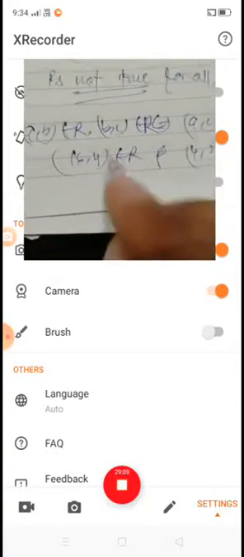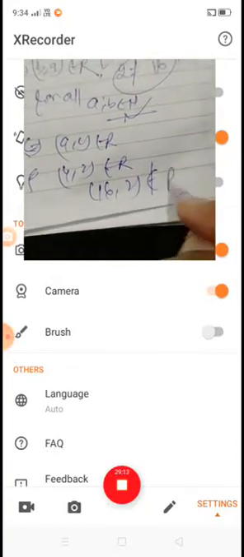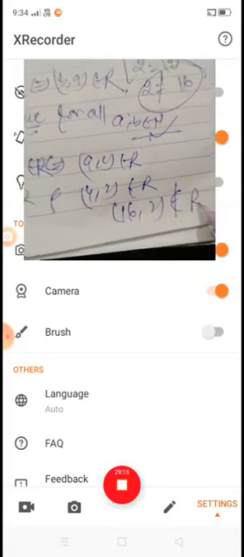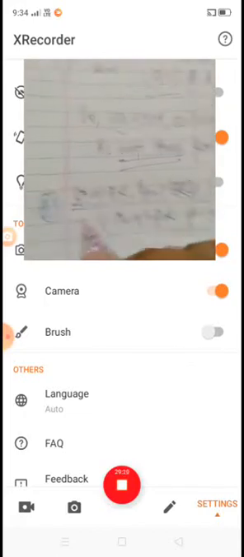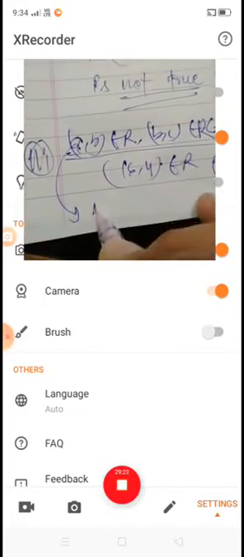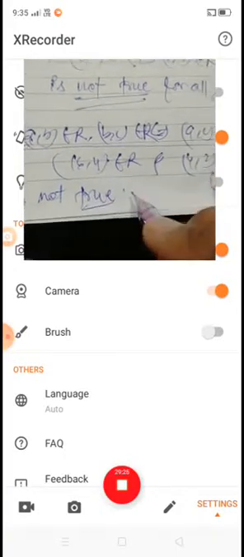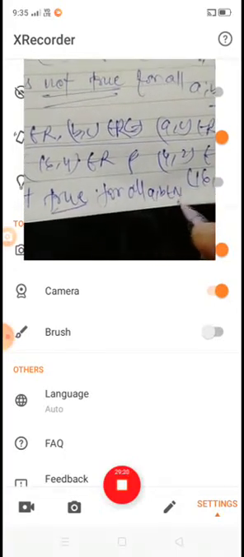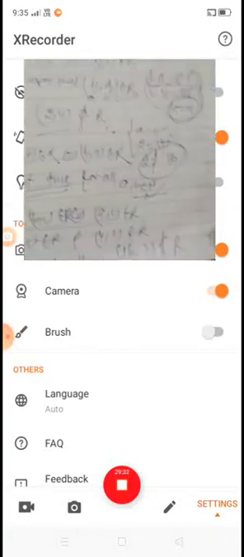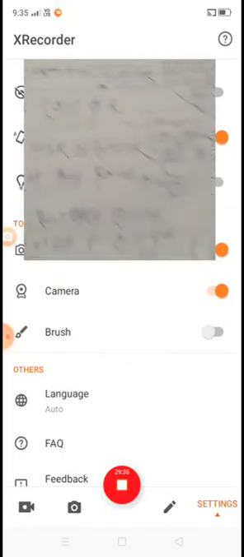However (16, 2) does not belong to R, so the third statement is also not true for all A, B belonging to natural numbers. In this way we can prove this type of result, and we check it, okay.